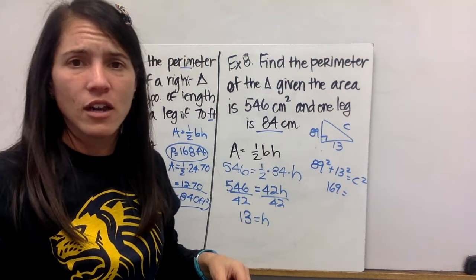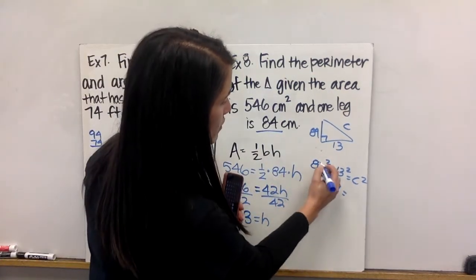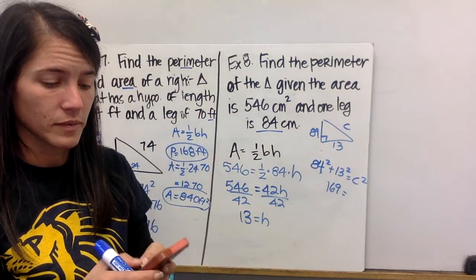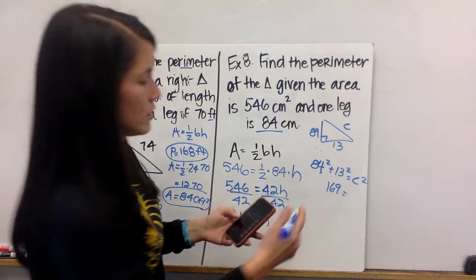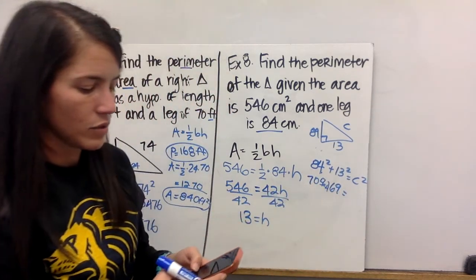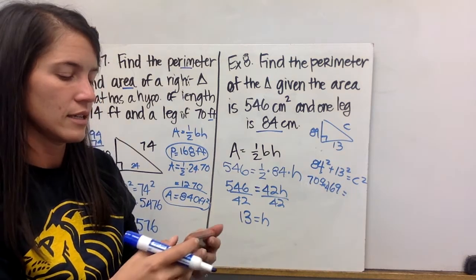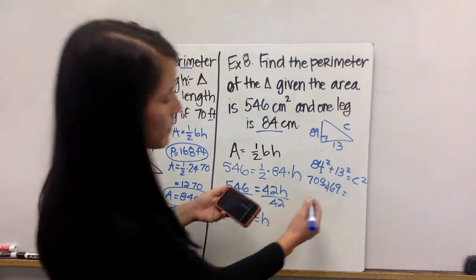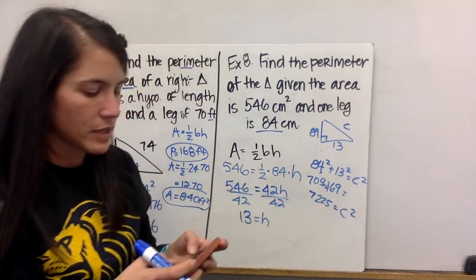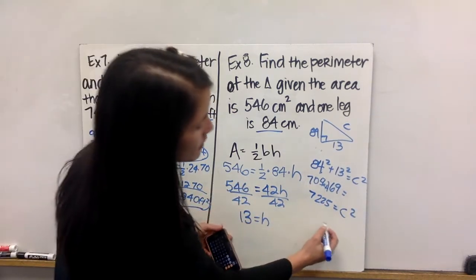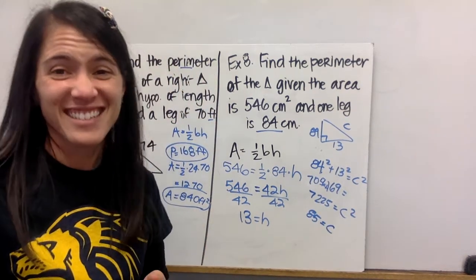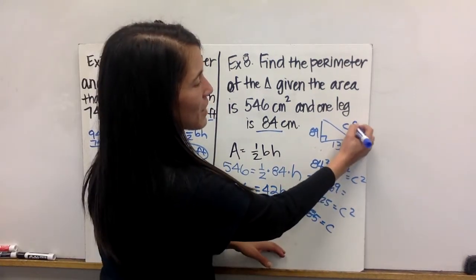I have no idea what 84 squared is. 84 times 84. 7,056 plus 169 is 7,225. And then I'm going to take the square root, and it's 85. This is a lot. So 85 is my hypotenuse.